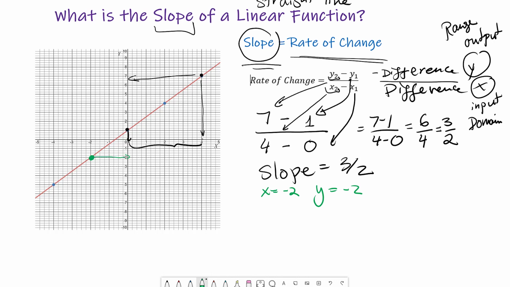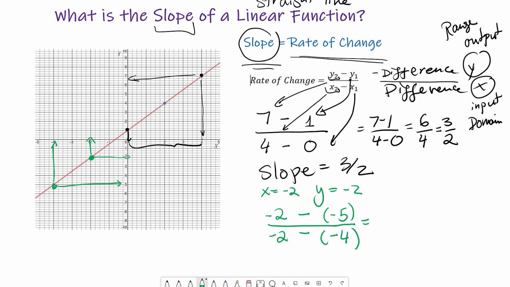We'll write this as our y2, minus 2, in the numerator, and x2 will be minus 2 as well, and we do minus. And let's look at this point here where we have x equals minus 4, up there, and y equals minus 5. Remember, the x goes in the denominator, and y equals minus 5.